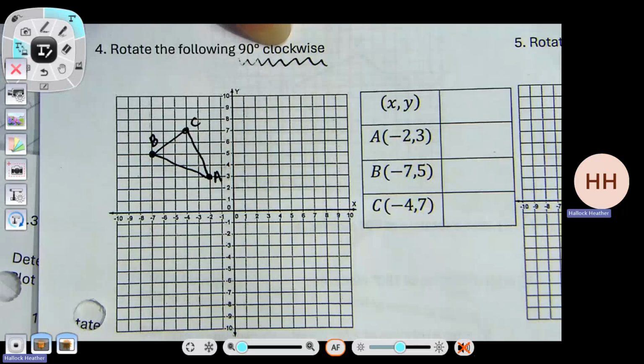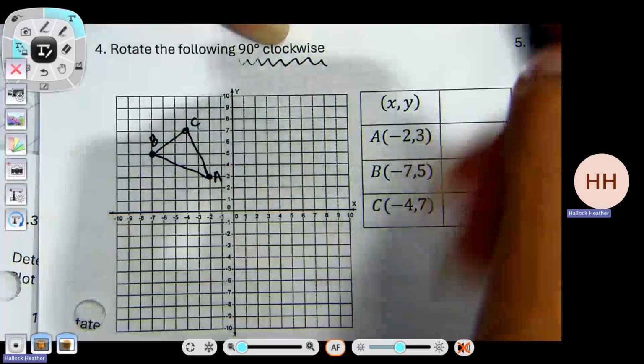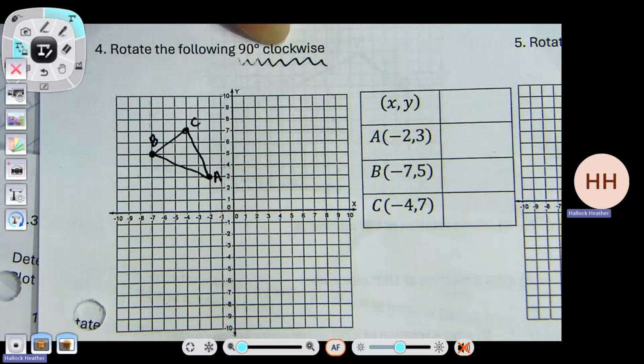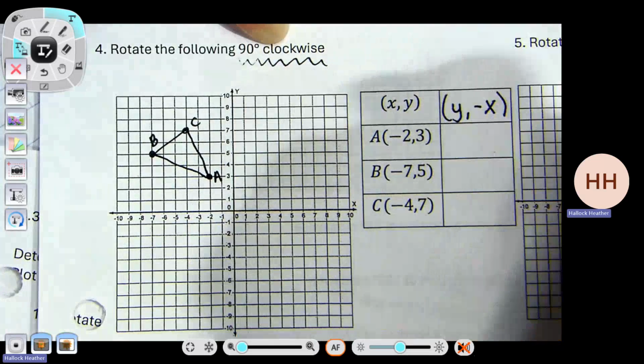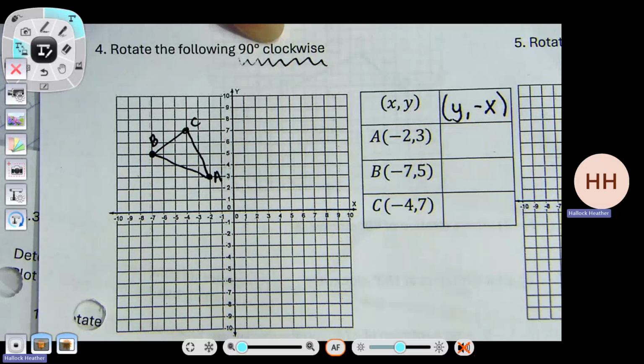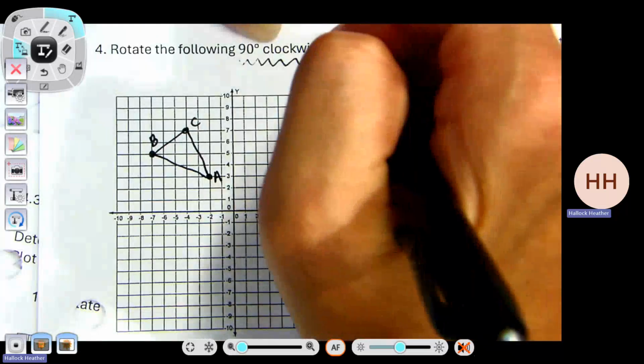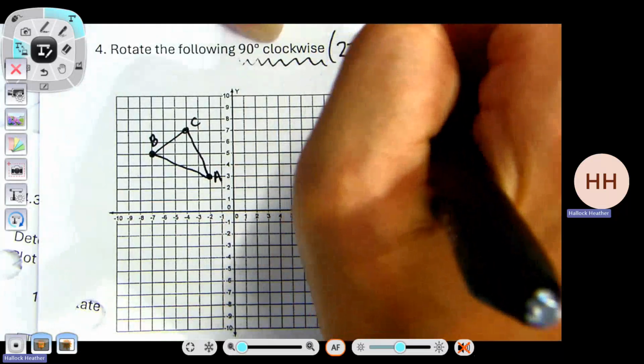No, that's 90 degrees counterclockwise. (x, y) goes to (y, -x). Is that what you said? Oh, okay, they just all sound similar. So (y, -x) is 90 degrees clockwise. It's technically the same as 270 degrees counterclockwise.